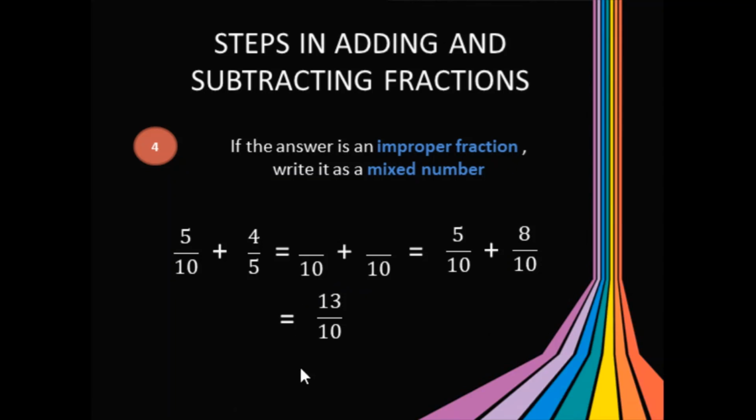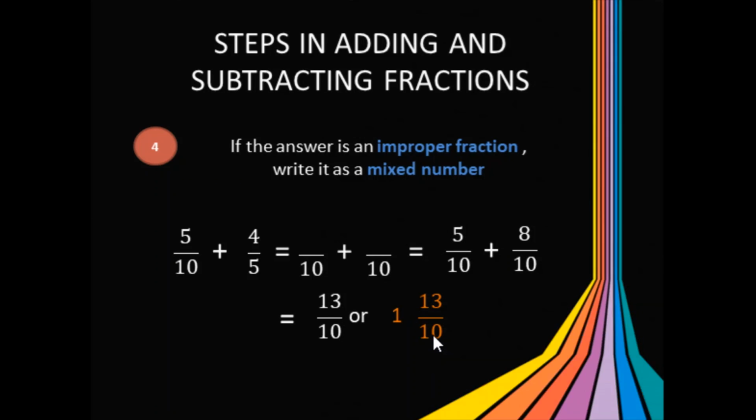If this is the case, we need to write the answer as a mixed number. We get the mixed number by dividing 13 by 10.